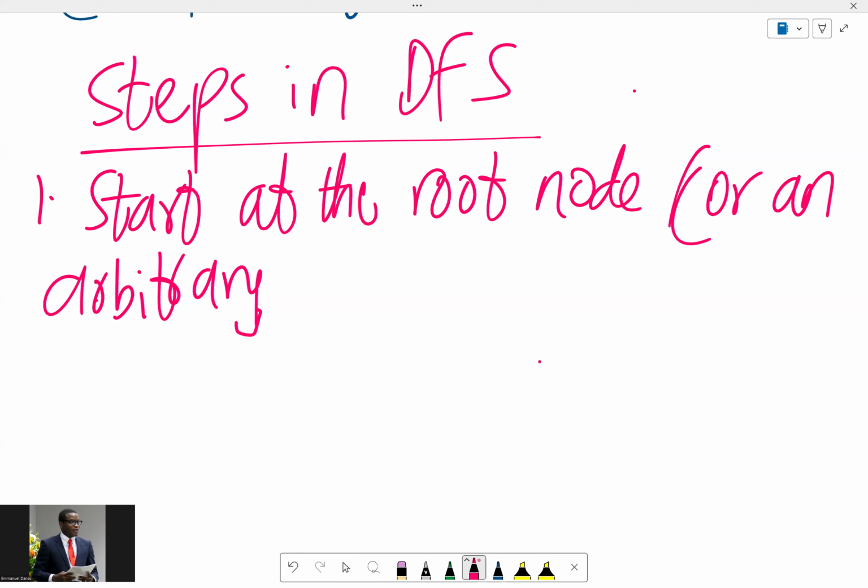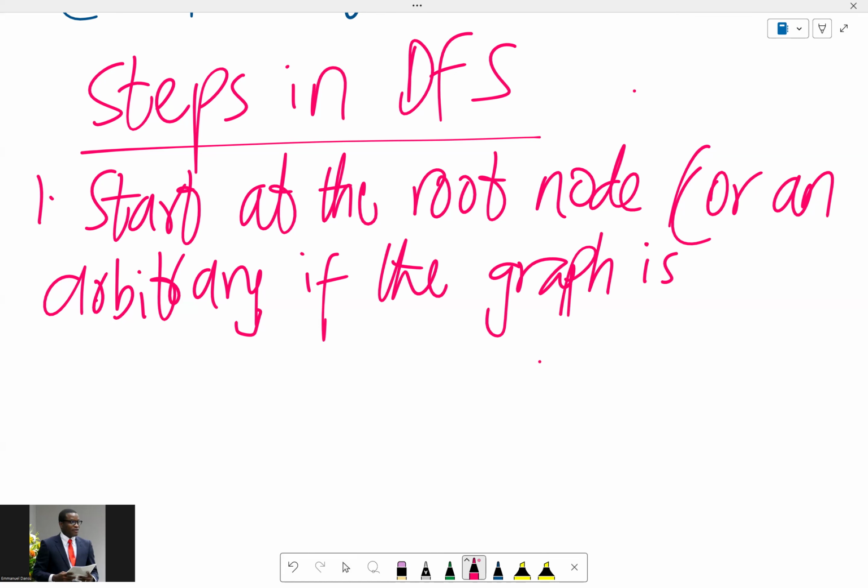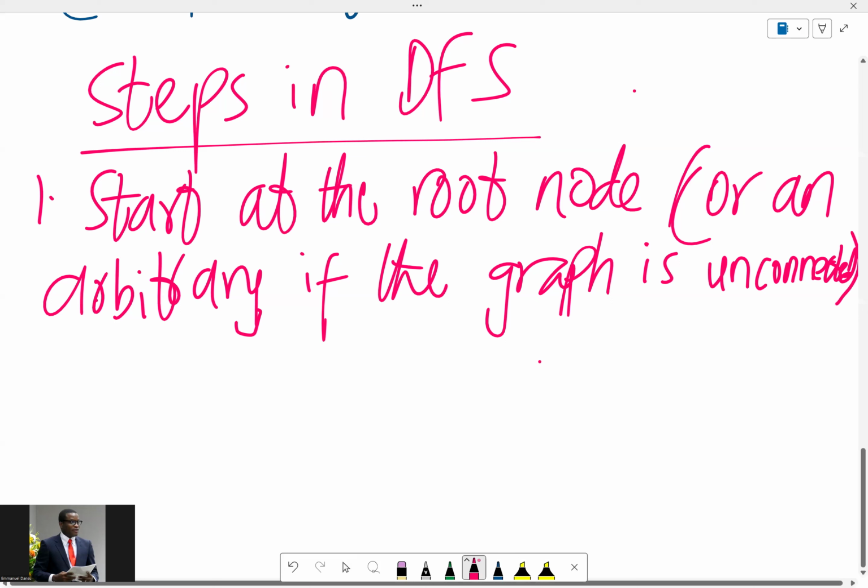You pick an arbitrary node if the graph is unconnected. Okay, so that's the first thing you do for depth first search.